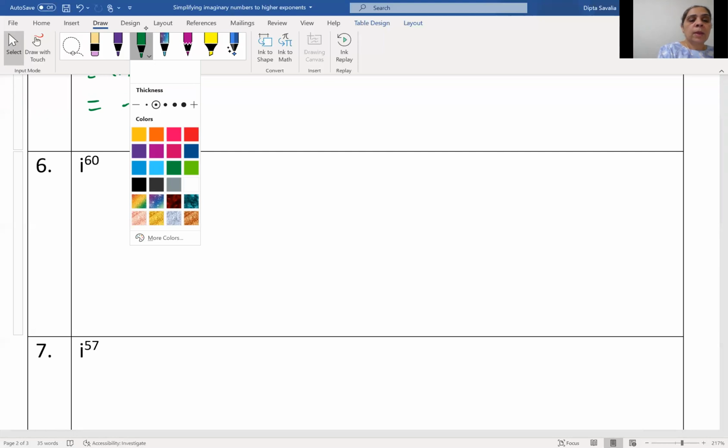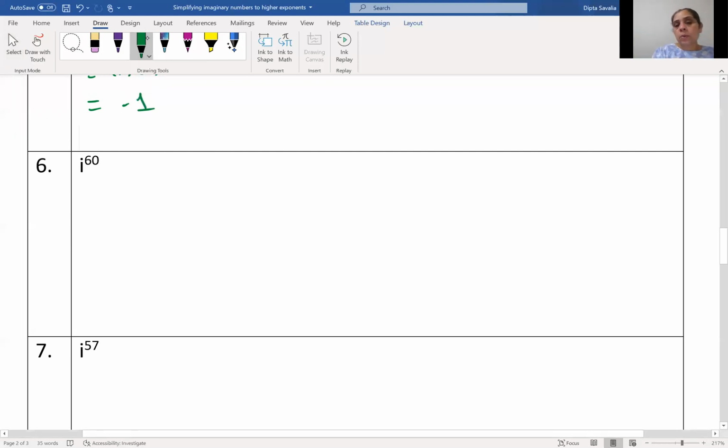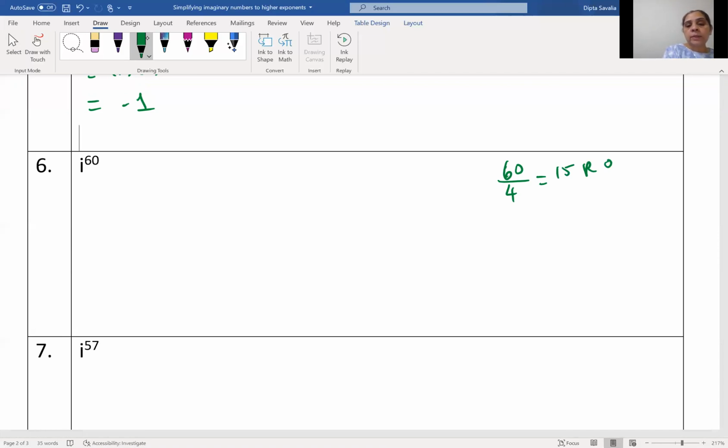So 60 divided by 4 is 15 with remainder 0. So what you can do is i to the fourth power to the 15th. We have nothing left over here, right?